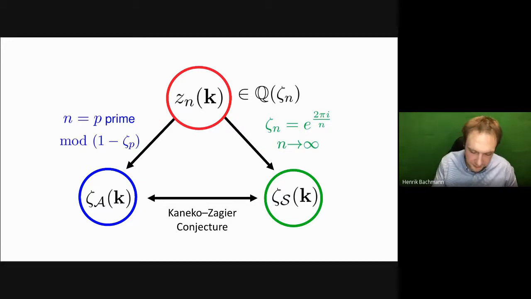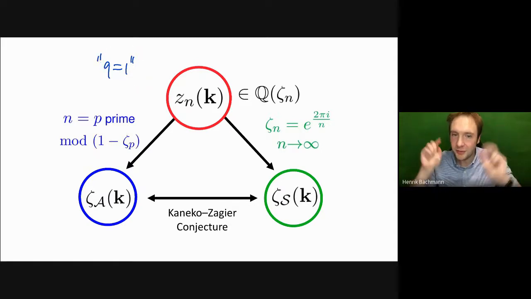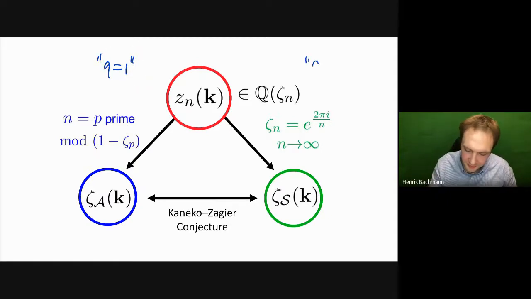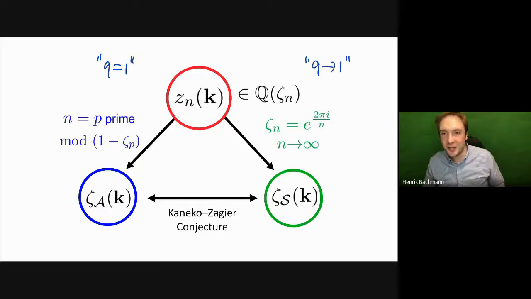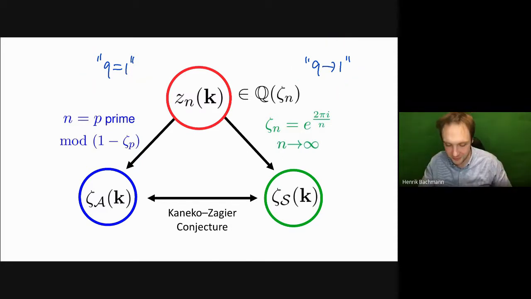And this here, I said it corresponds to setting q equals 1, because if I divide out this ideal here, I mean, this basically means if this here corresponds to q and I divide out the 1 minus q, then what I basically do, I set q to 1. And here I send q to 1. So it should give the same object, even though, of course, this is just somehow a fake interpretation of what we are doing here.